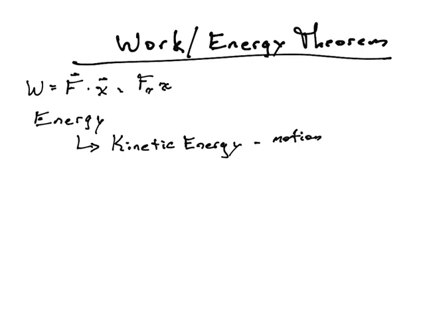Well, the equation that allows us to calculate how much of this kinetic energy is stored in the system because of its motion is kinetic energy equals 1/2 the mass of the object times its velocity squared.